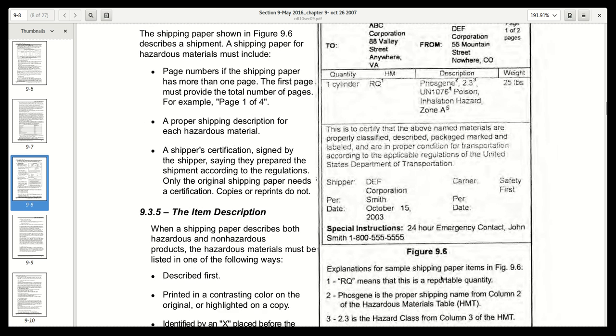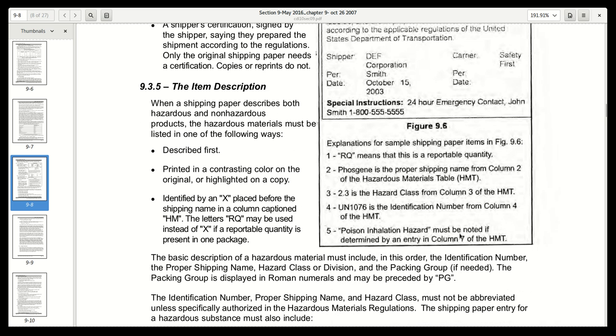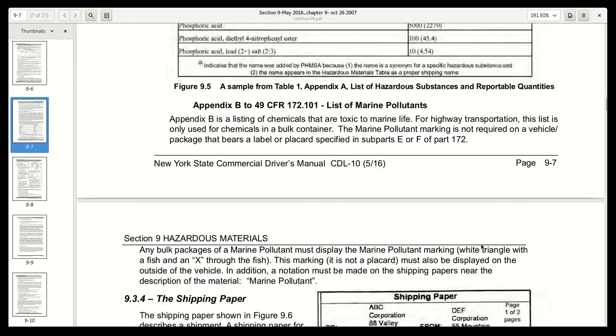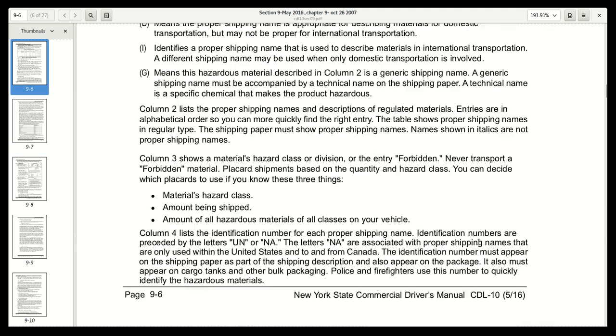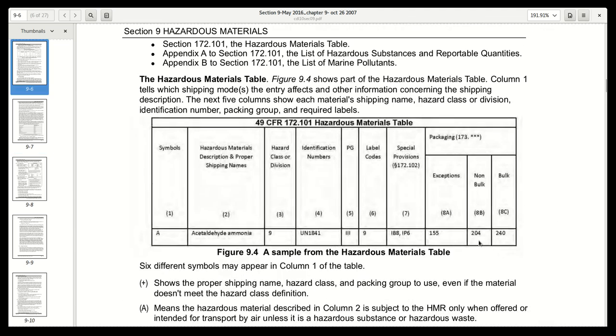Inhalation hazard, zone A. Poison inhalation hazard must be noted if determined by an entry in column 7 of the Hazardous Materials Table, HMT.